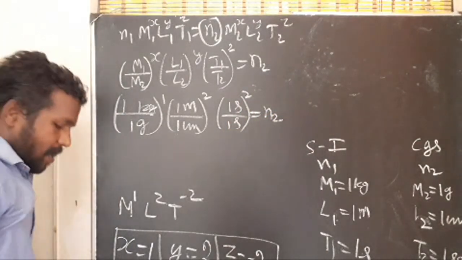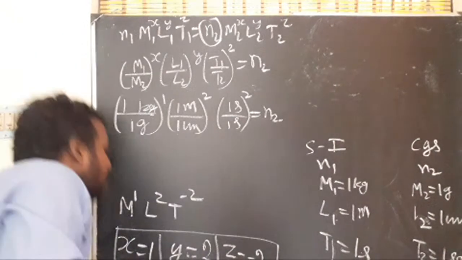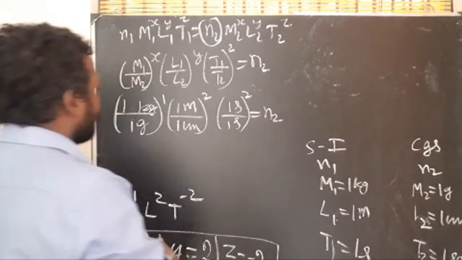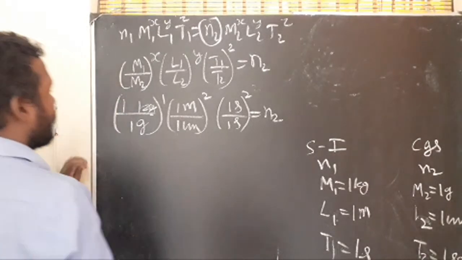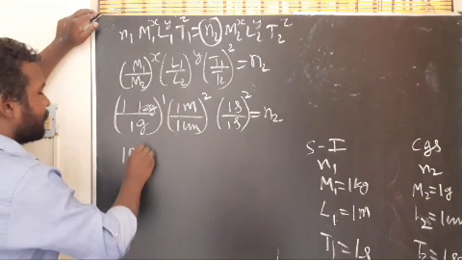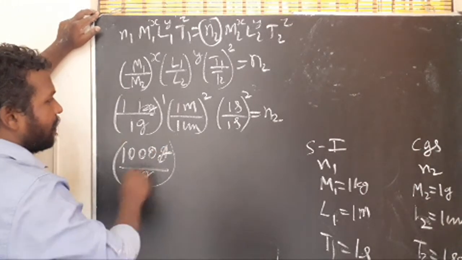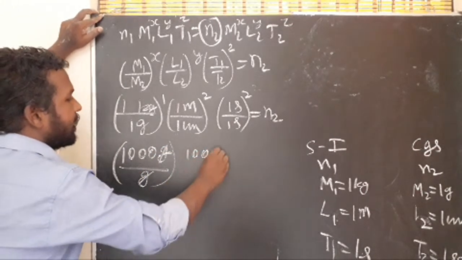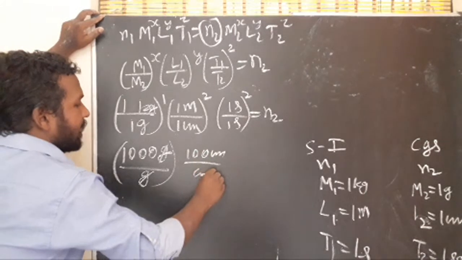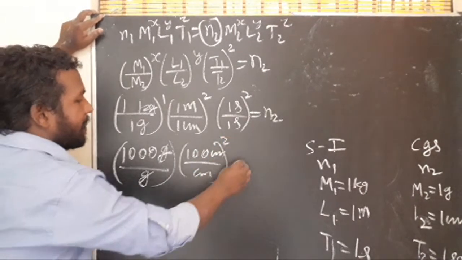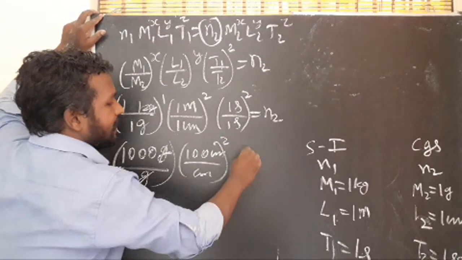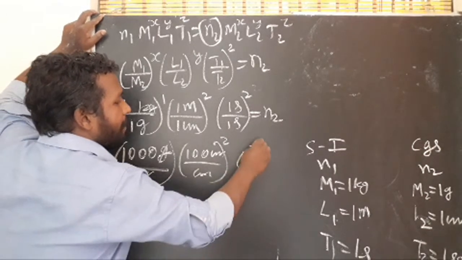Now we will do the solution. 1 kilogram is how many gram? 1000 gram. 1 meter is how many centimeter? 100 centimeters. So 1000 gram by gram, gram gets cancelled. The power will be 1. 1 meter is 100 centimeter by centimeter, but here we will get a square. Second by second gets cancelled. We will have 1 power minus 2.